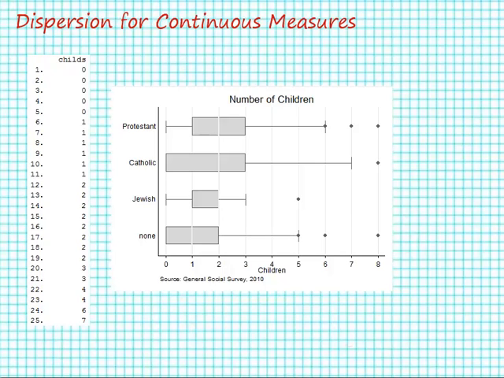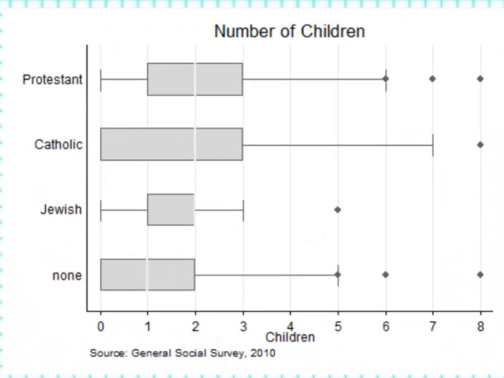Here's a box plot or box and whiskers plot I've drawn for the number of children using all of the data in the 2010 General Social Survey, but I've broken it out by religious identity. As I said earlier, box plots are typically best used when you're comparing across categories. So here we're comparing the distribution of number of children by religious identity.